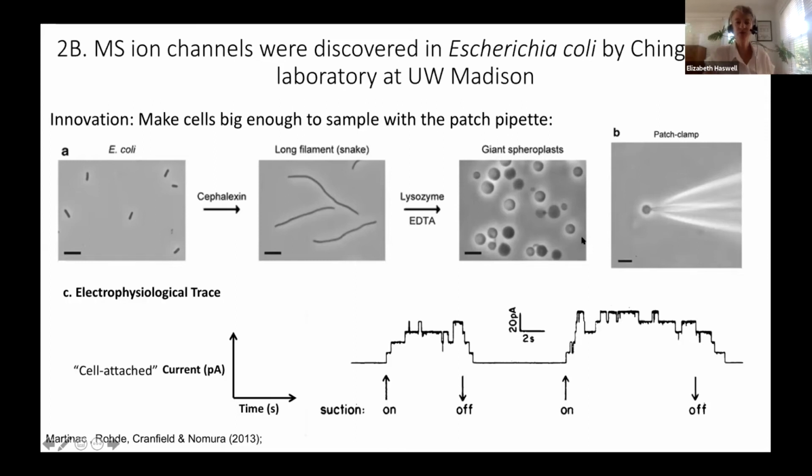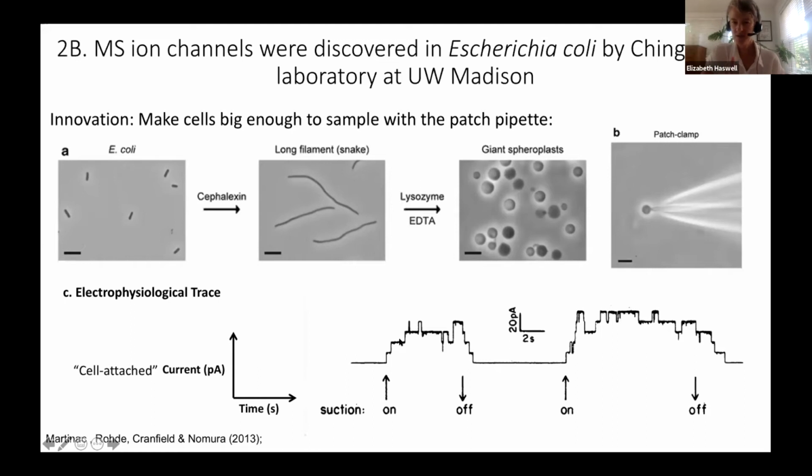So what happens when you do this is you apply suction within this patch clamp, and then you can create what's called a trace that looks like this, where the x-axis is time and the y-axis is current. So you can see the current is steady, and then you apply suction, and you get these stepwise increases in current.